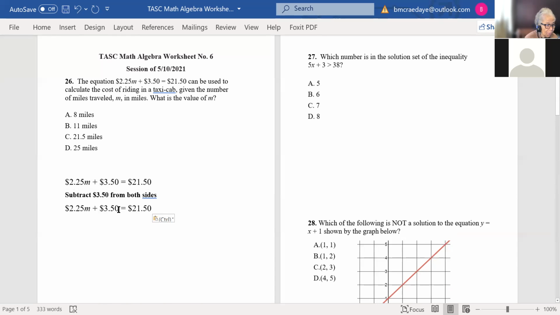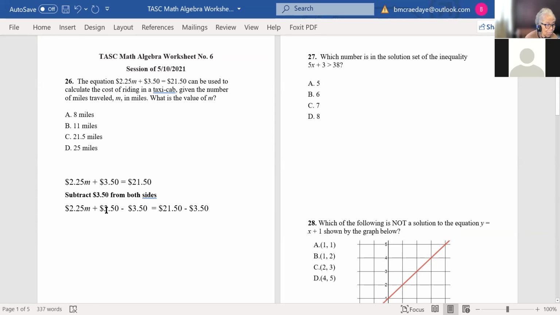Okay, subtract 3.50 from both sides. So on the left side, this will be minus $3.50, right? And on the right side, minus. So I get $18. Right, very good. You got $18 on the right side, right?